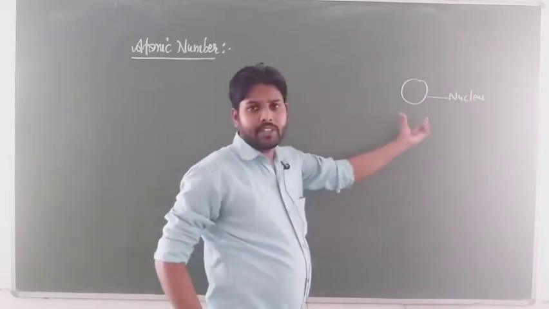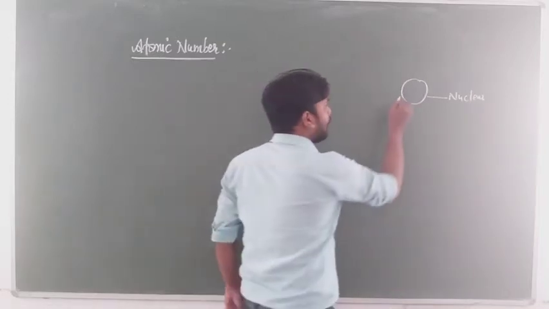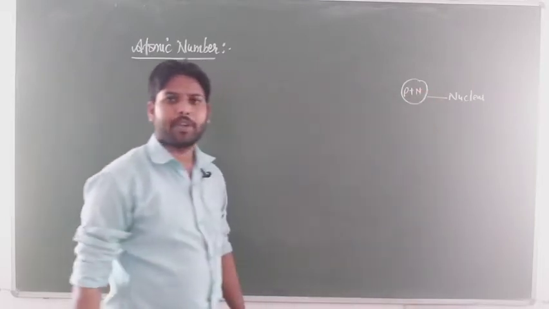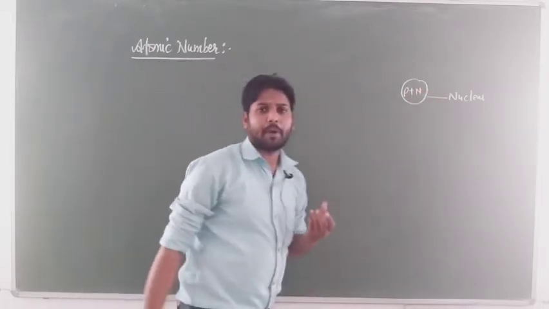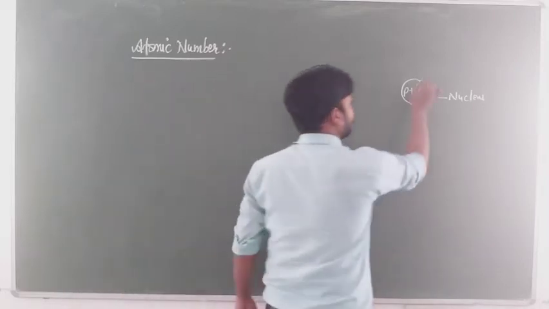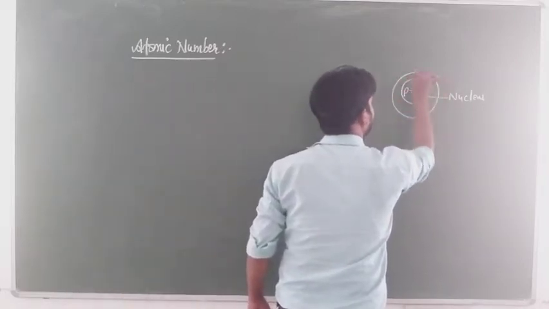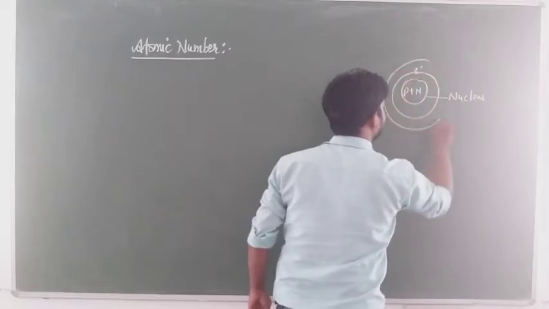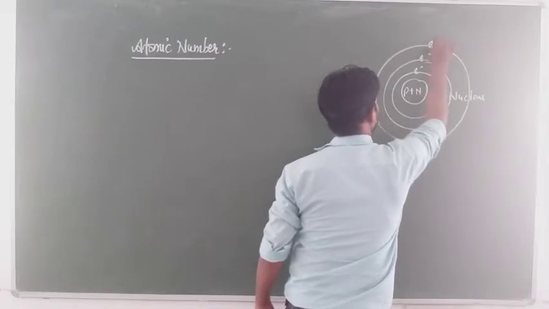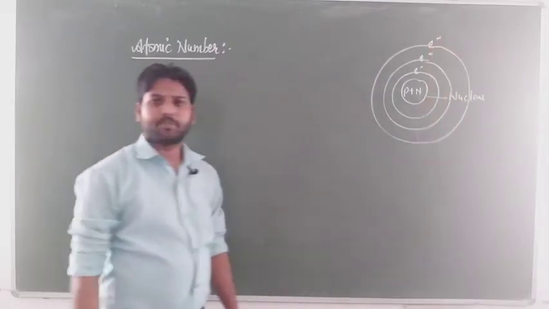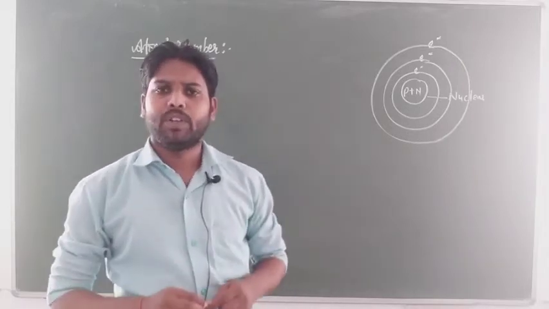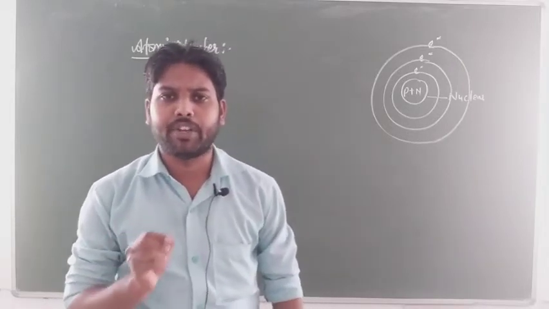In that nucleus, protons and neutrons are found. And the third particle of the atom, that is the electron, revolves around the nucleus. Clear, students? So now we have to know what is atomic number.